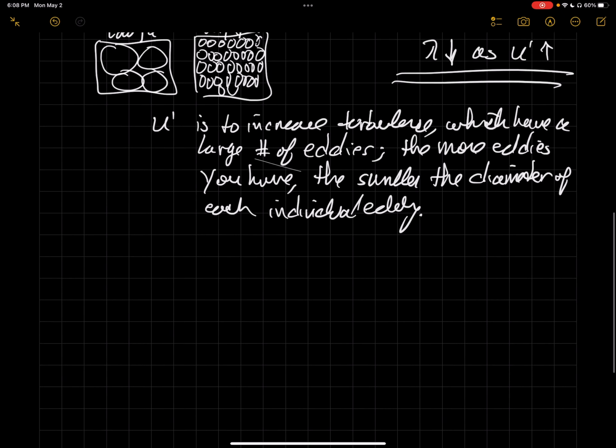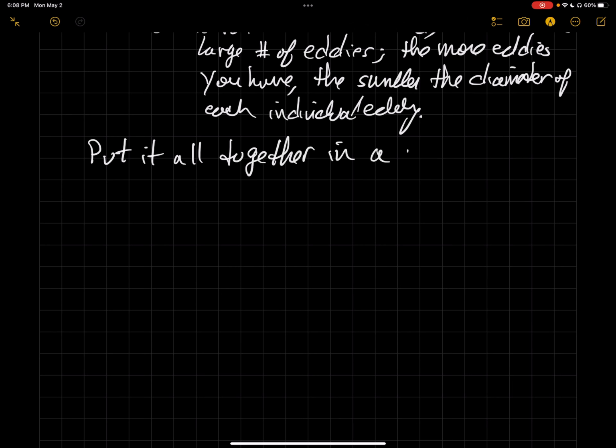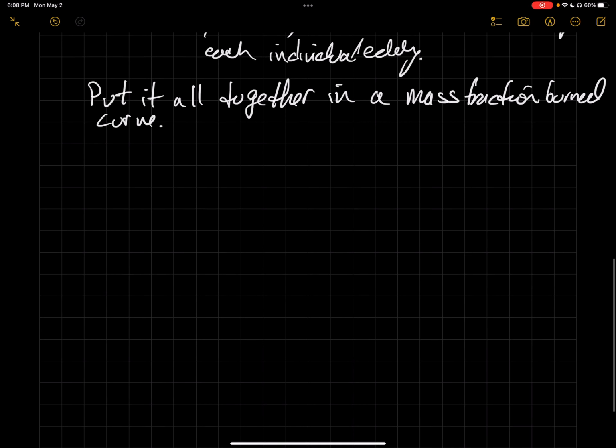Okay, so now what we want to do is put this all together in a mass fraction burn curve. As we do this, we want to remember that there are basically two features of the mass fraction burn curve.